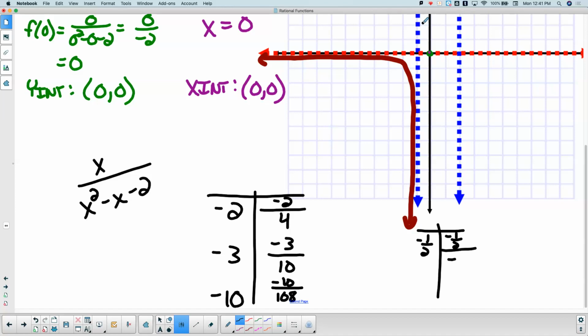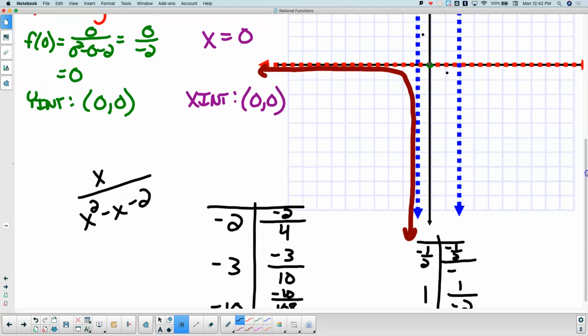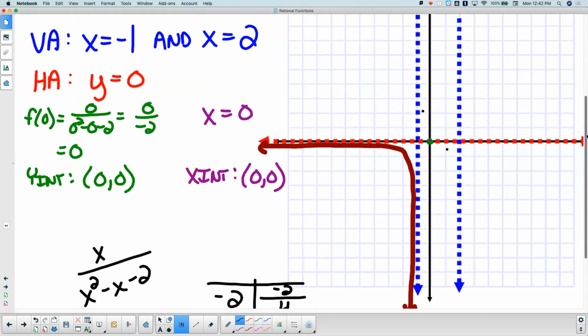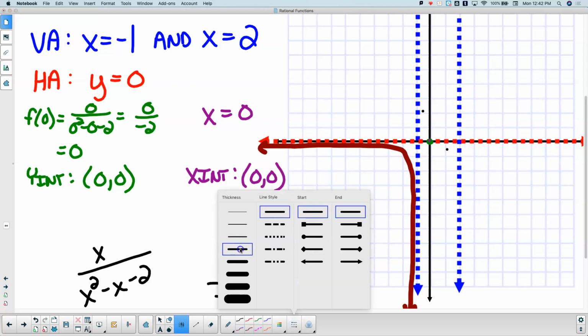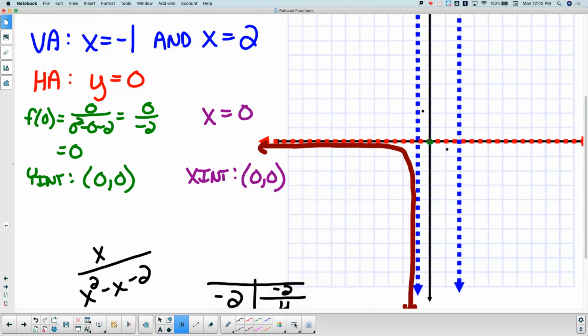And then I can try 1. That's going to be 1 over 1 minus 2 is negative 2. So then this one is going to come in, cross over, sharp turn down. Yes?